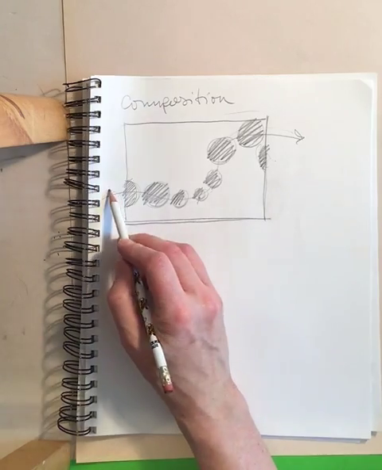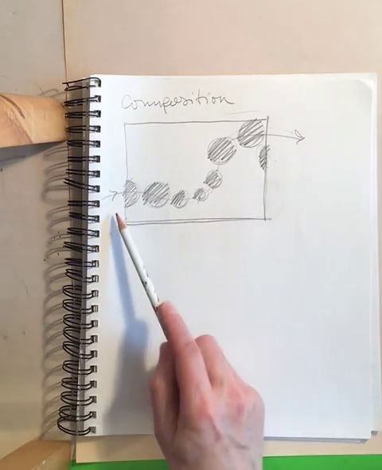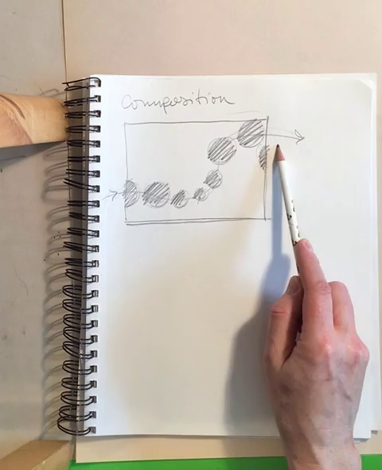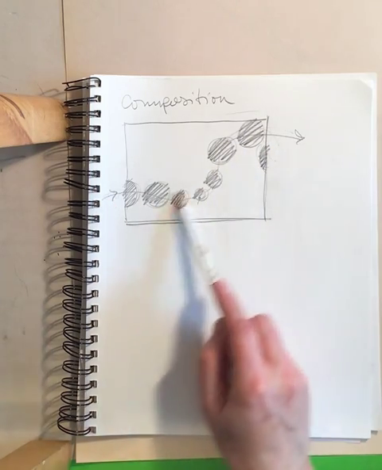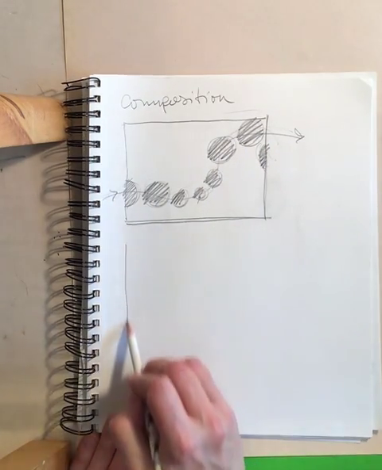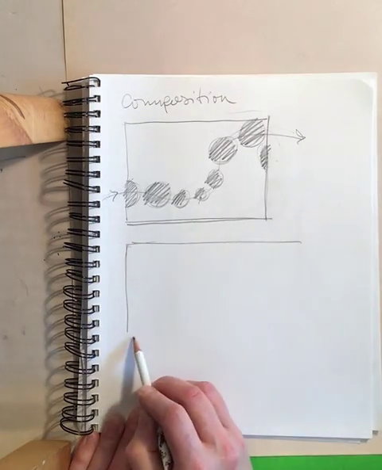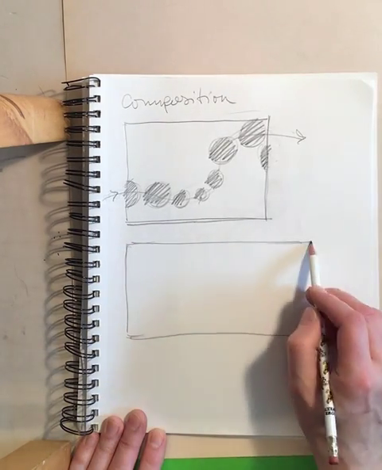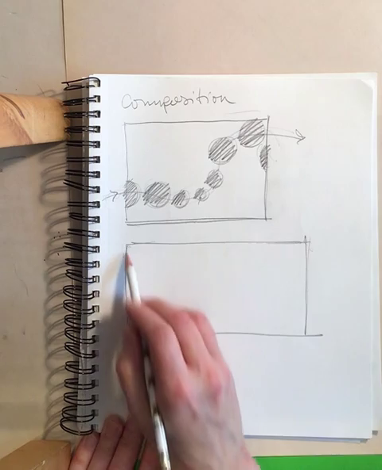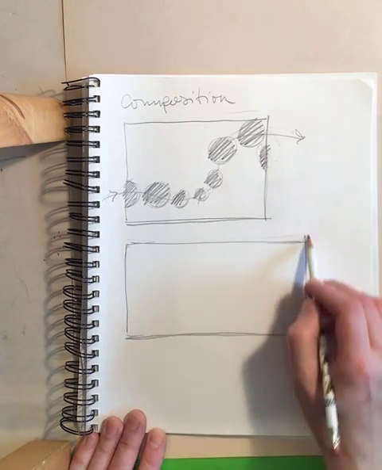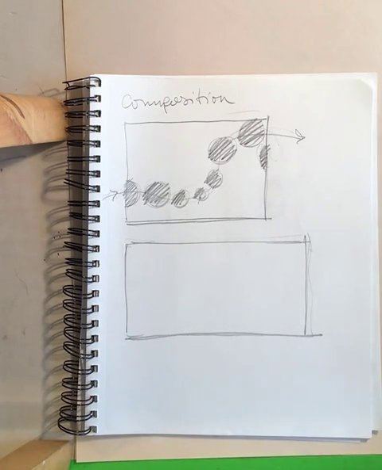Your assignment will be to make this progression go through the composition. I'm going to have you do a series of these longer, narrow compositions like this.